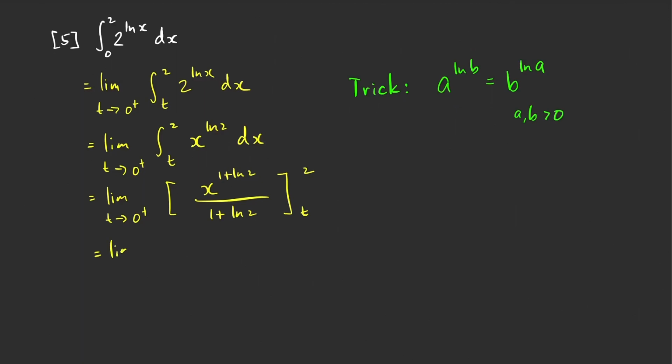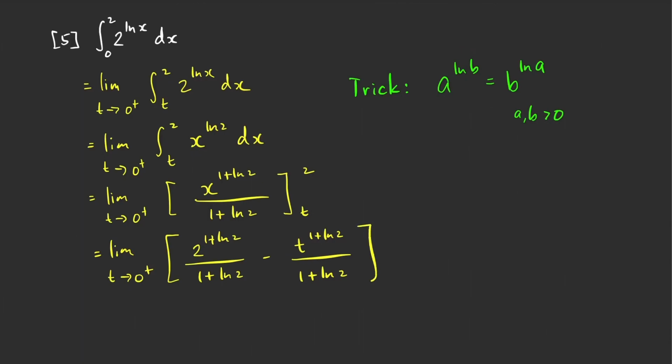This is equal to the limit as t approaches 0 from the right of 2 raised to 1 plus ln 2 over 1 plus ln 2 minus t raised to 1 plus ln 2 over 1 plus ln 2. But as t approaches 0, the second term approaches 0. Therefore, this is just equal to 2 raised to 1 plus ln 2 all over 1 plus ln 2.